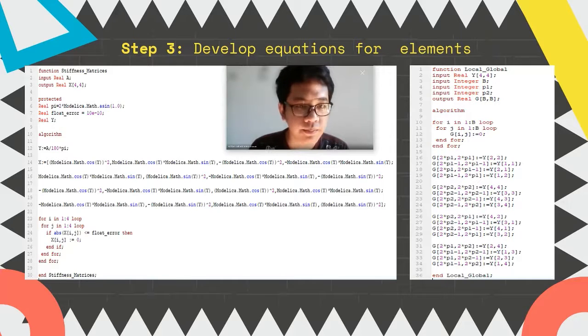So we input the algorithm in the loop to check if the algorithm is not below the float error, and we finally end the function stiffness matrix.